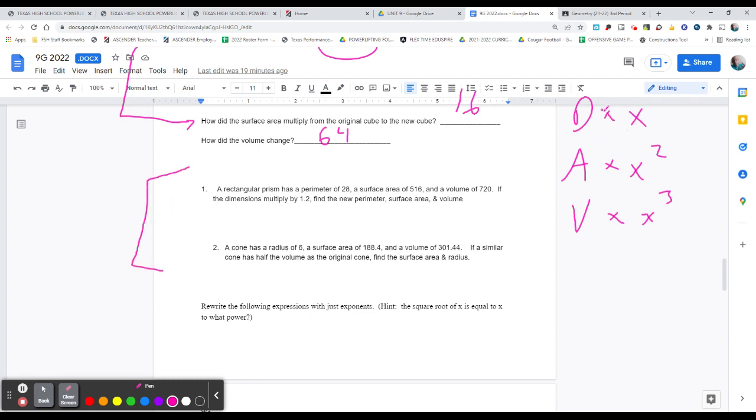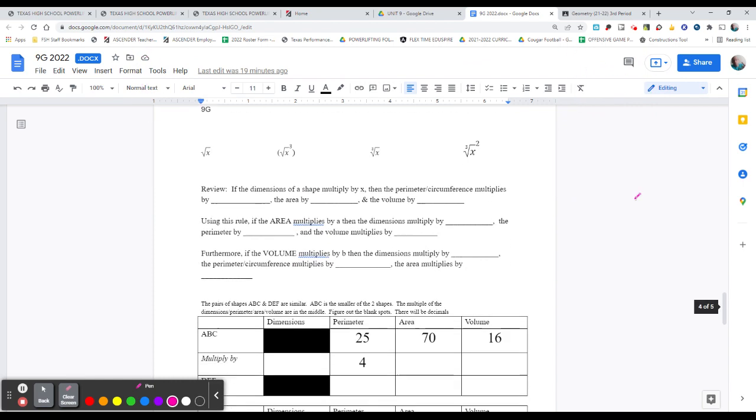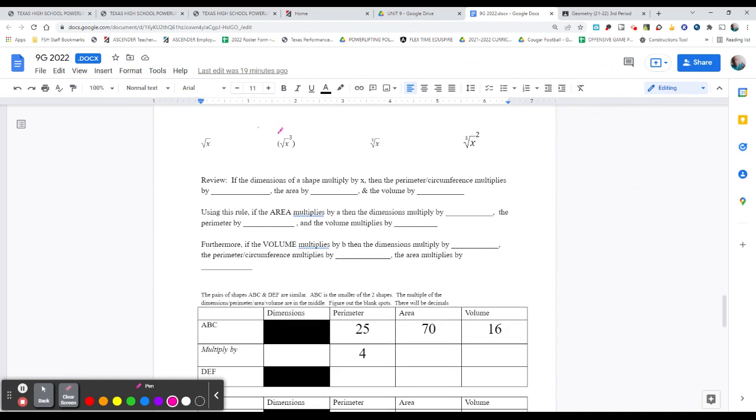When the dimensions multiply by a certain number, the area multiplies by that number squared, and the volume is going to multiply by that number cubed. All right, so the dimensions multiply by x, perimeter multiplies by x, area multiplies by x squared, volume multiplies by x cubed. The rest of these we will talk about in class at another time because we're out of time.